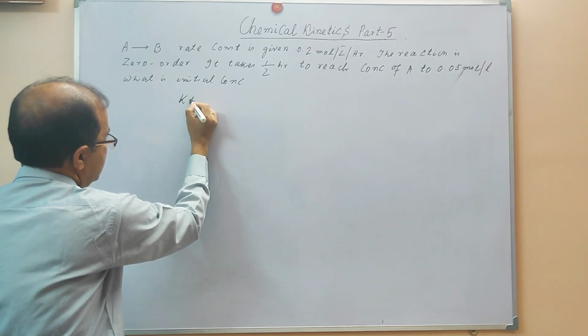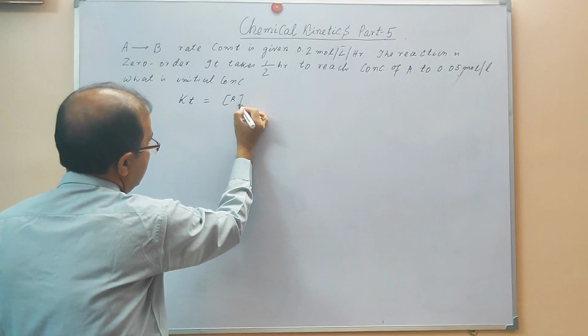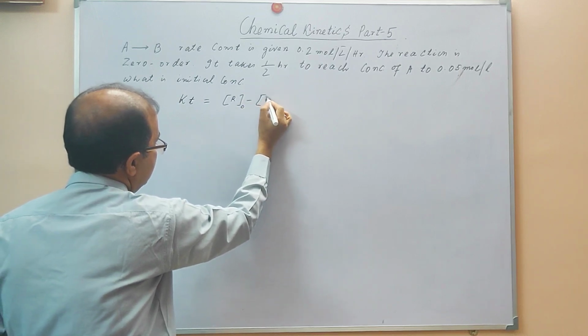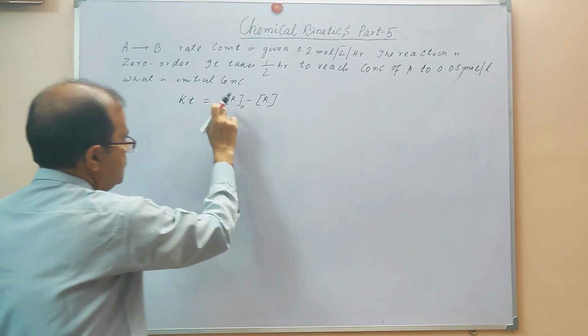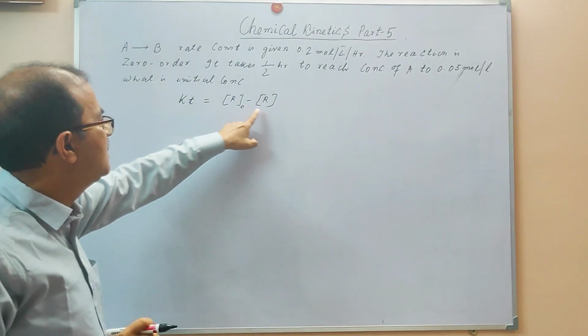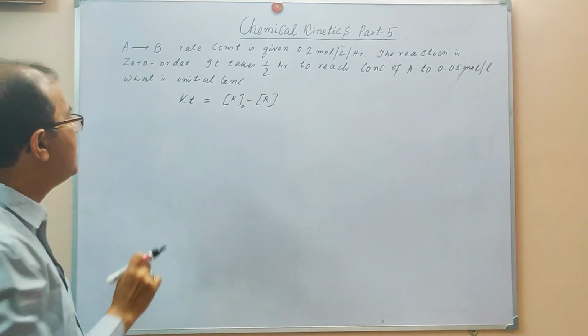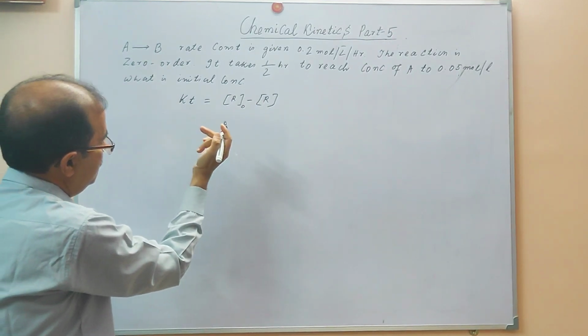We know this equation, Kt is equal to R0 minus R. Here R0 is the initial concentration, R is the concentration after time t, and K is given. So we can put this value.